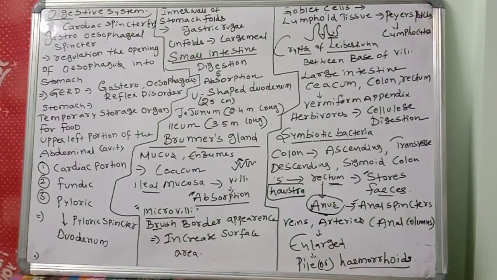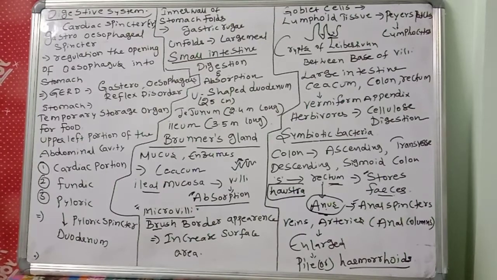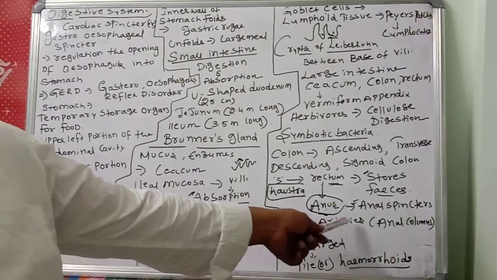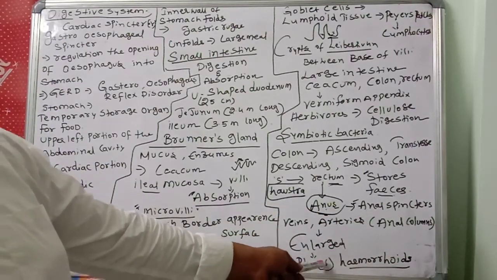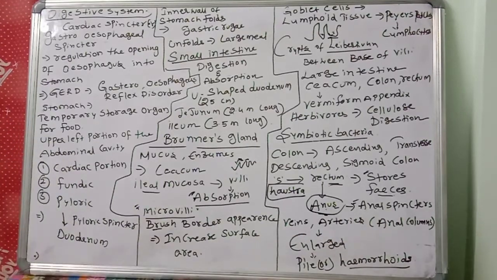When these veins and arteries are enlarged, due to some disturbances, it leads to problems like piles and hemorrhoids.